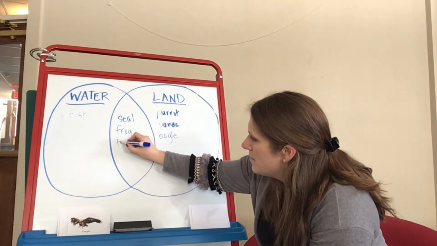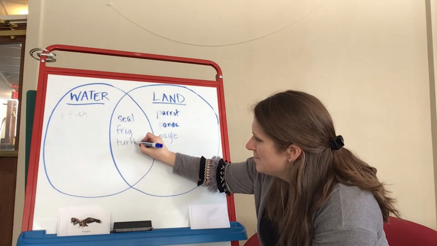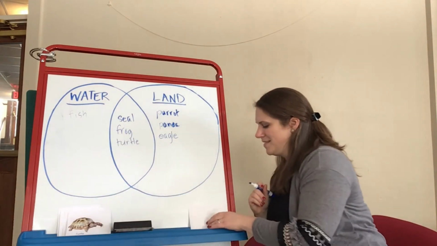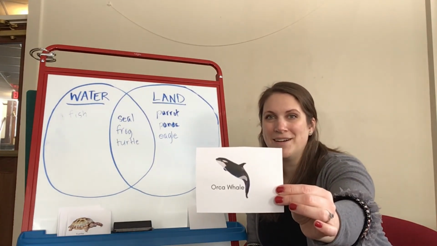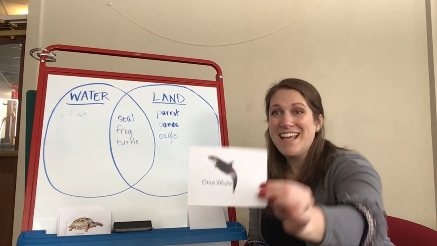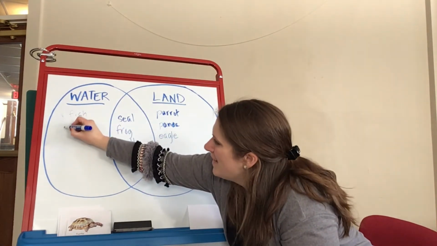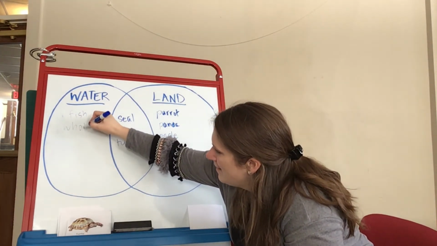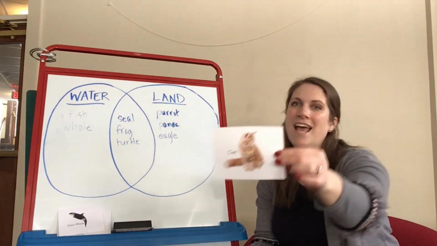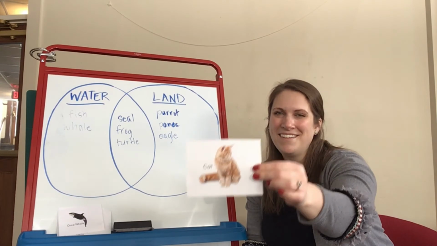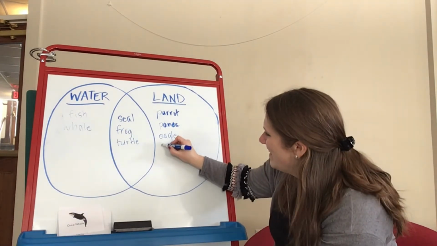Put turtle in the middle. Turtle. What else? Ooh, an orca whale. Where do those live? In water. Put whale. And last one, a cat. I think those go on land, right?